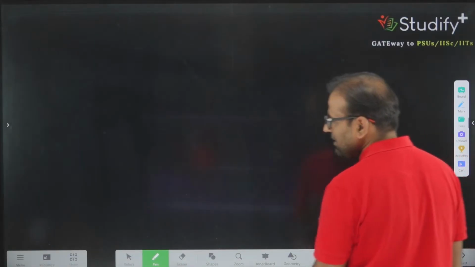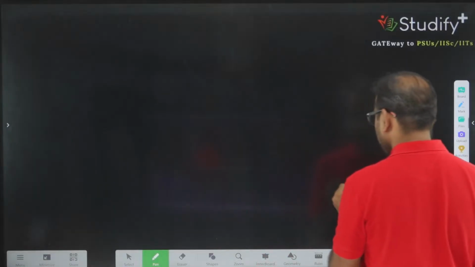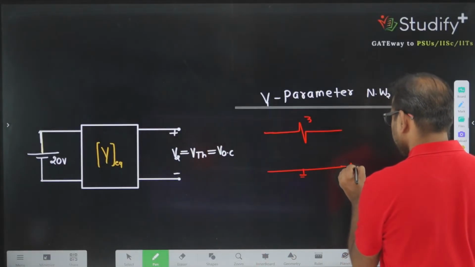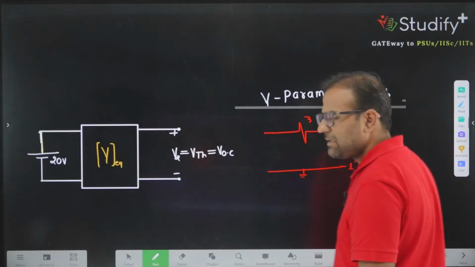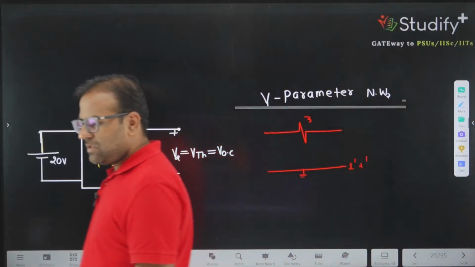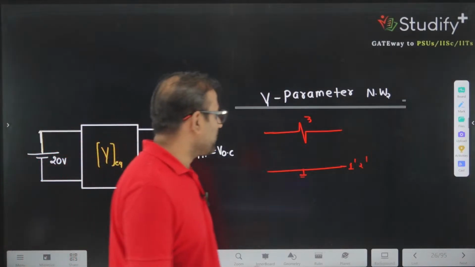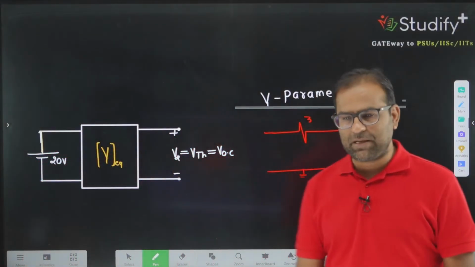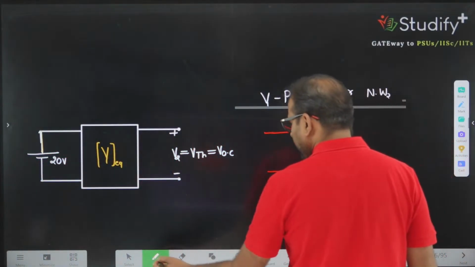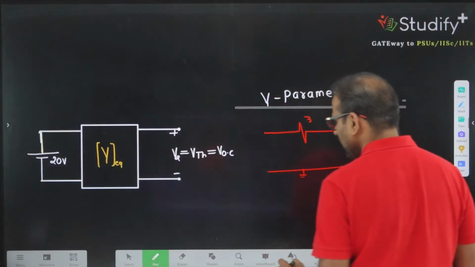This is known as, which point it is given? 1 prime, 2 prime. Correct? For this we have to write the Y parameter. How can I write the Y parameter? It is very simple.